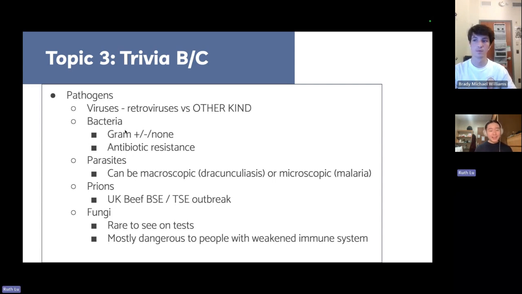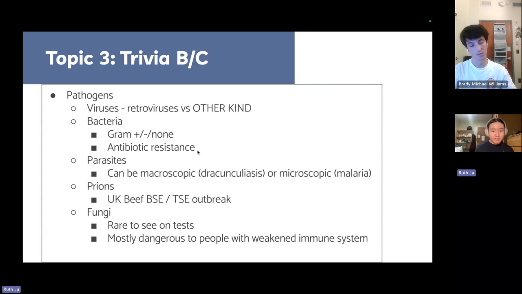There's bacteria, and for bacteria, some of the interesting things to know is that they can be gram-positive, gram-negative, or have nothing. Gram-positive and negative just refers to how they stain with the gram test, and I believe they're susceptible to different types of antibiotics, which might be interesting. The ones that are gram-none are especially interesting because that usually suggests they have something going on with their cell wall.